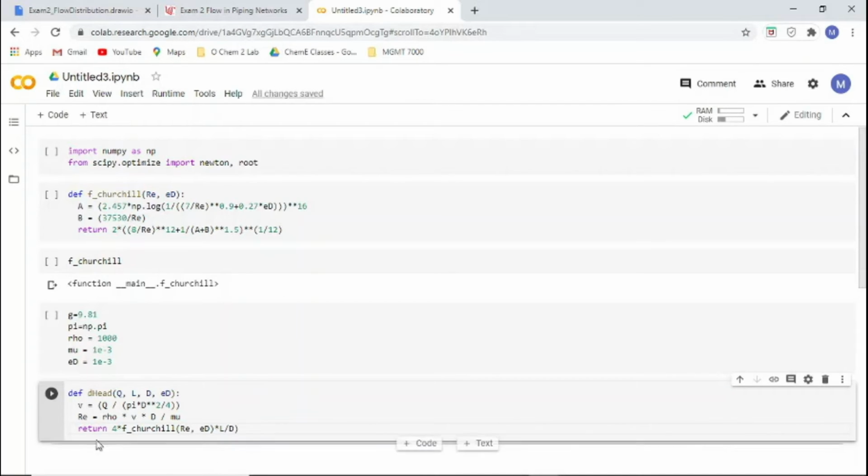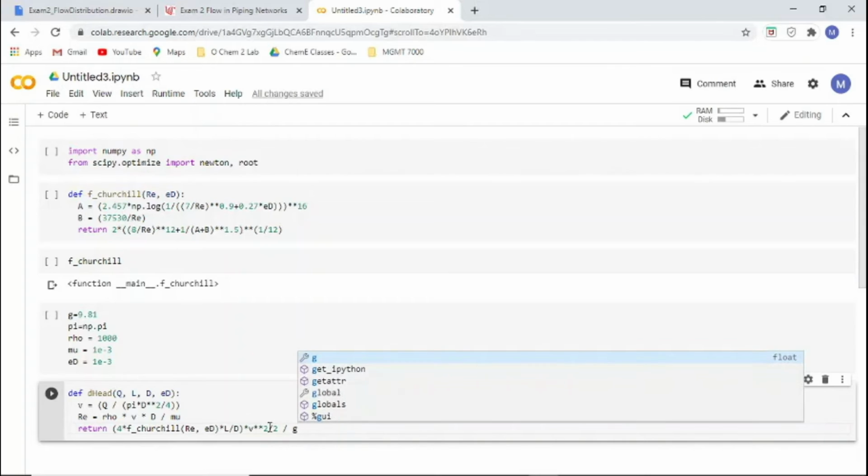We're going to put these in parentheses, and that's times the velocity squared divided by 2 divided by acceleration due to gravity.